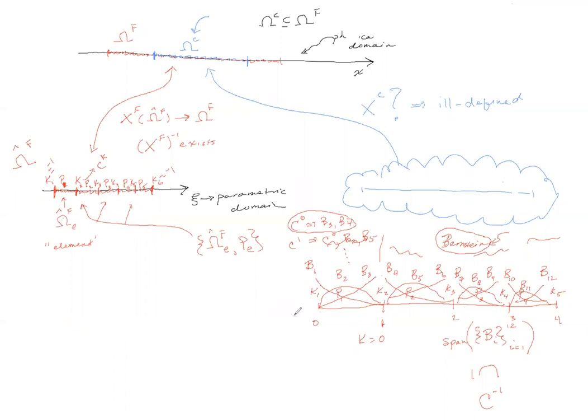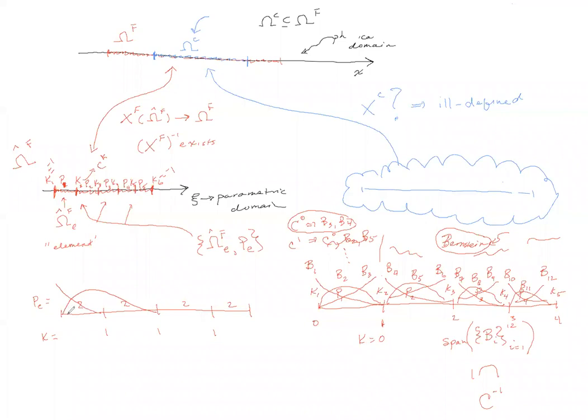So let's say we have 4 elements, okay? So there's 1. And let's say we want K to be equal to 1 and PE is equal to quadratics. So we have a C1 quadratic spline space, and in fact I know what this looks like ahead of time.